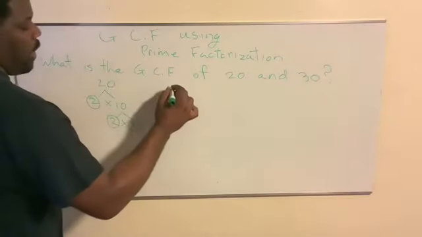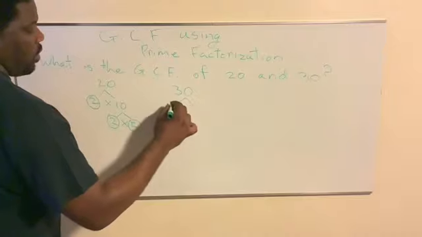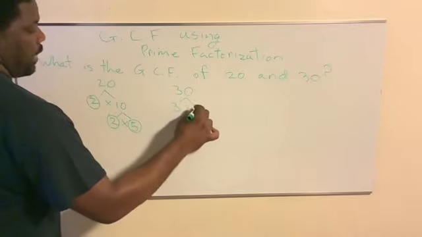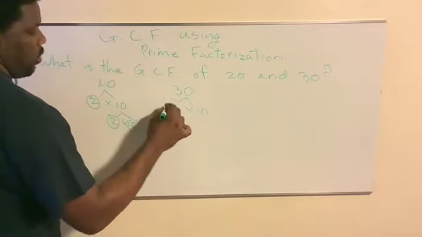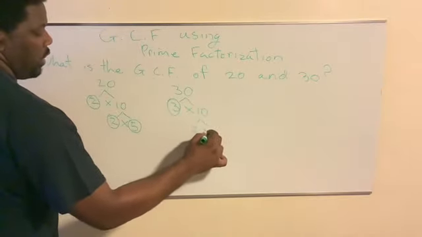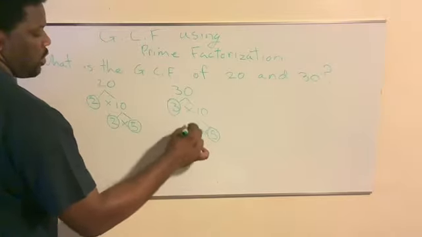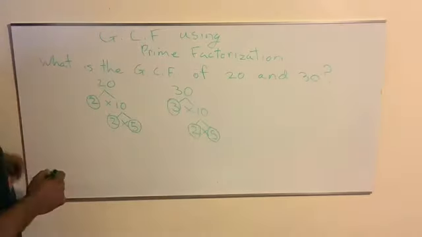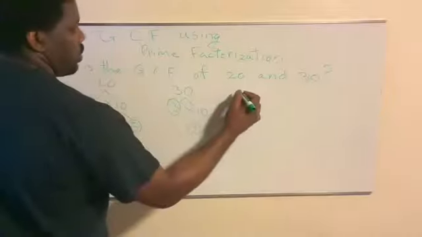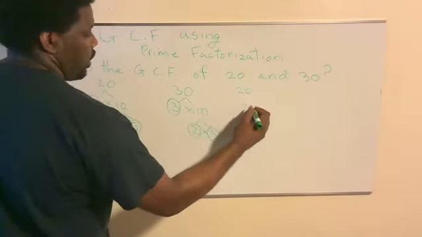And for 30, we can start off with 3 times 10. 3 is prime. And 2 times 5. Okay. Now we have 20 and 30.